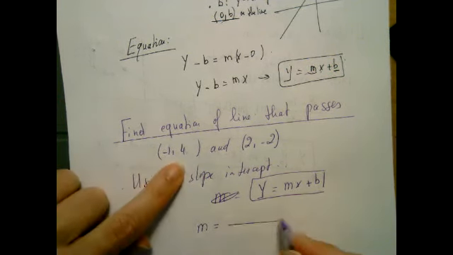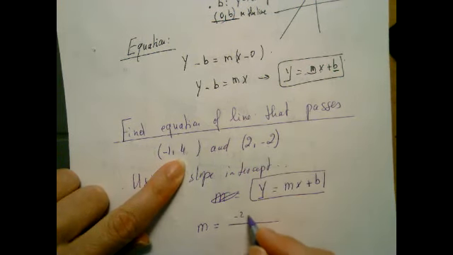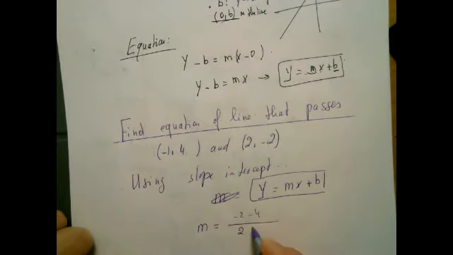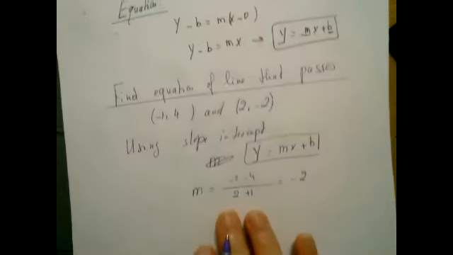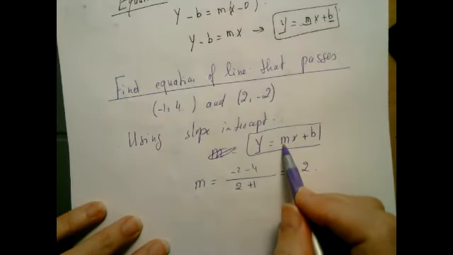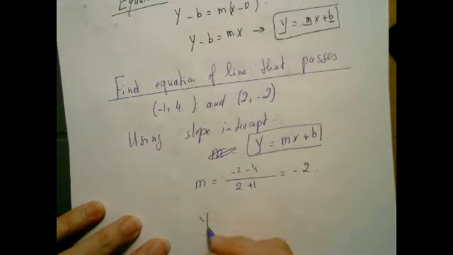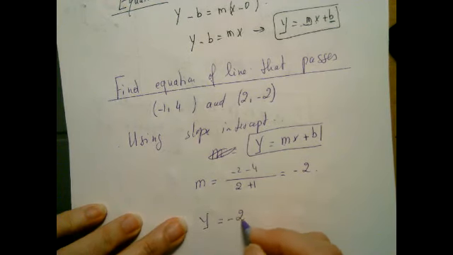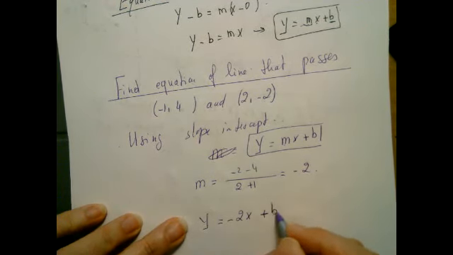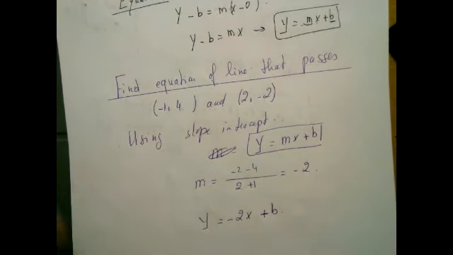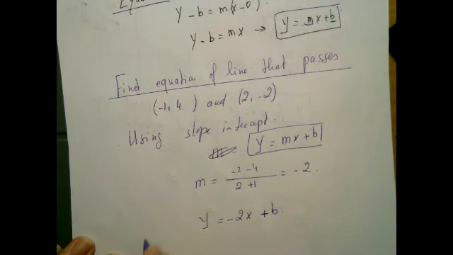We just did it a minute ago: (-2 minus 4) over (2 plus 1), which gave me -2. So I know my slope, and y is now -2x plus b. But to find the equation, I need to find b.